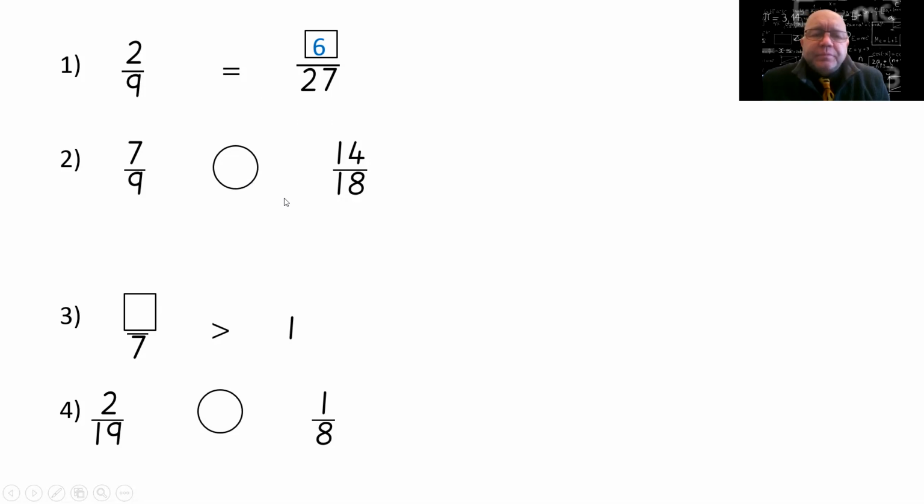What about this one? Crocodile question. Now, which one is greater? We've got 7/9, we've got 14/18. Okay, again, it's an equivalent question because we need to turn these two into the same denominator or numerator. Now, it's up to you which one you do. You could turn them both into 18ths.